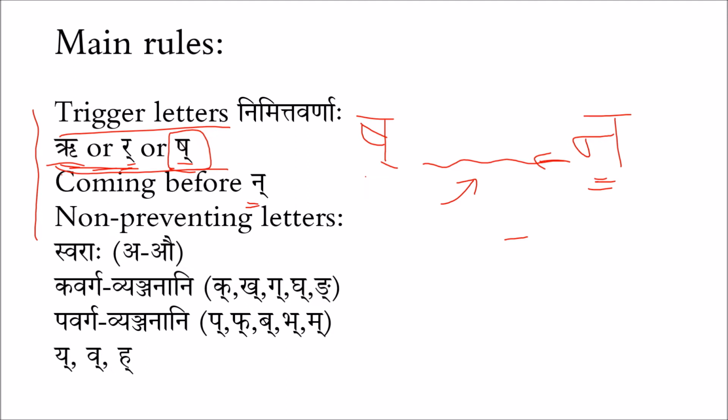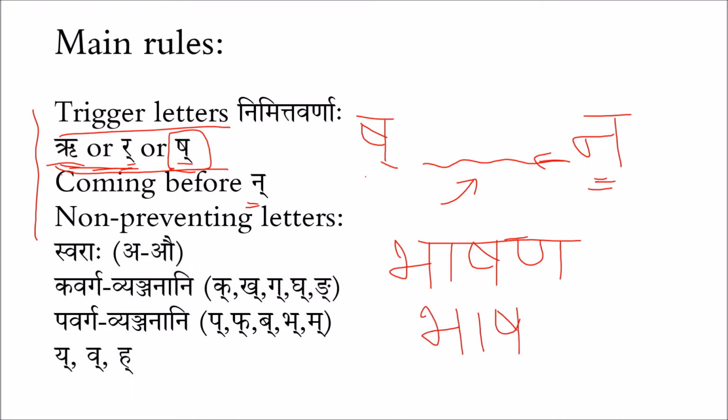If we take the example Bhashana, this is the word we know. But when the word is being formed, the suffix is coming as Na originally. So does it change to Na or remain as Na?